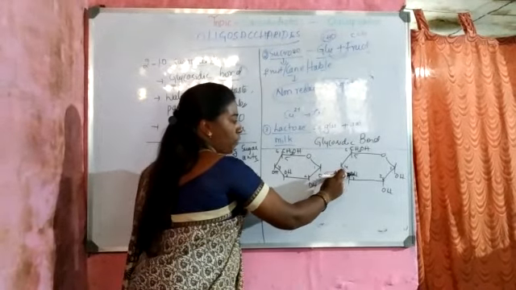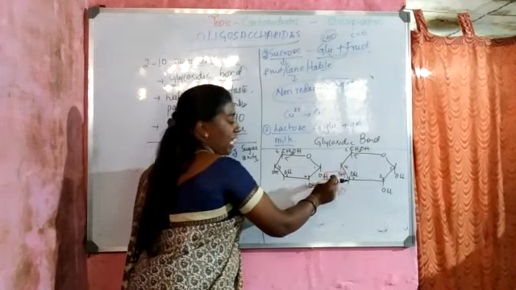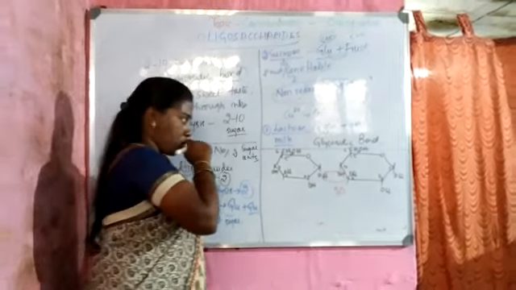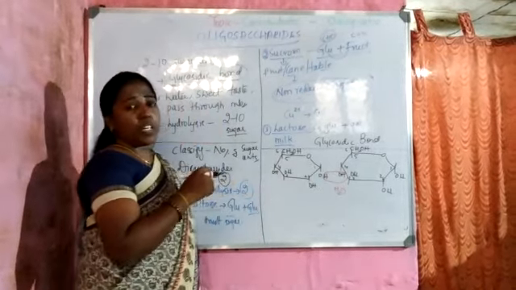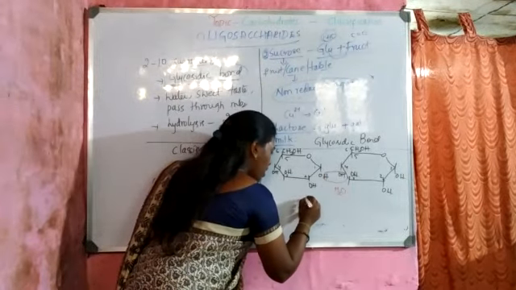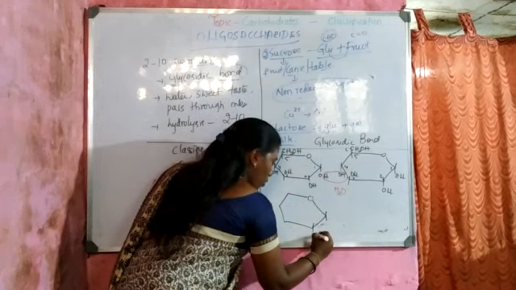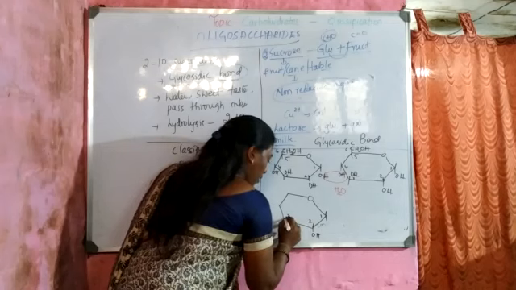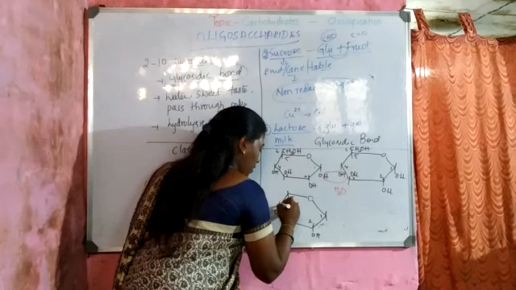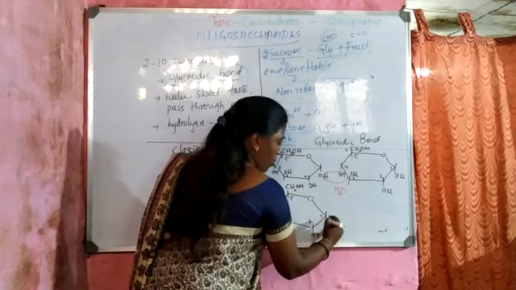So here the OH of the fourth carbon atom and the OH of the first carbon atom interact with one another, and there is a release of one molecule of water, and the oxygen will be shared between the two carbon atoms. The glycosidic bond will be like this: first, second, third, fourth, fifth, sixth will be here.